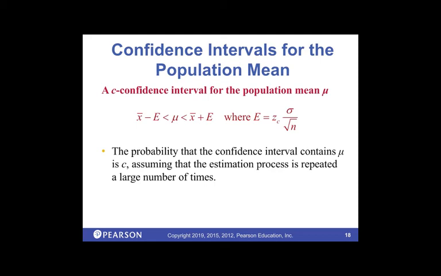So the probability that the confidence interval contains the population average is C. So C is the confidence level, assuming that the estimation process is repeated a large number of times.